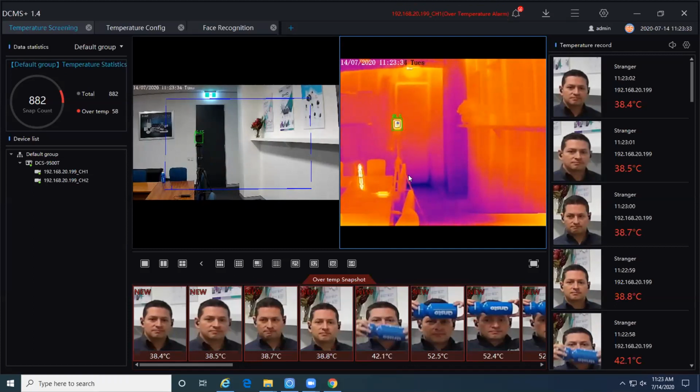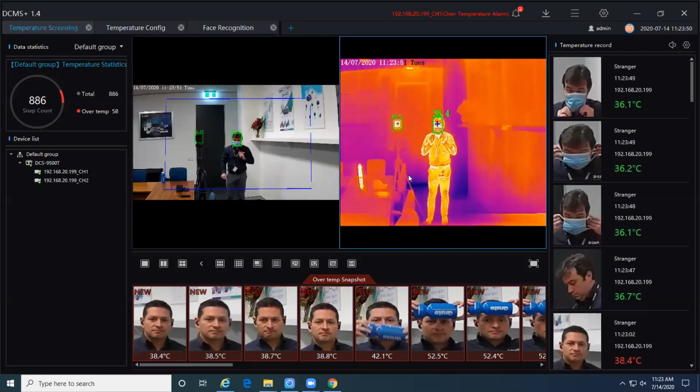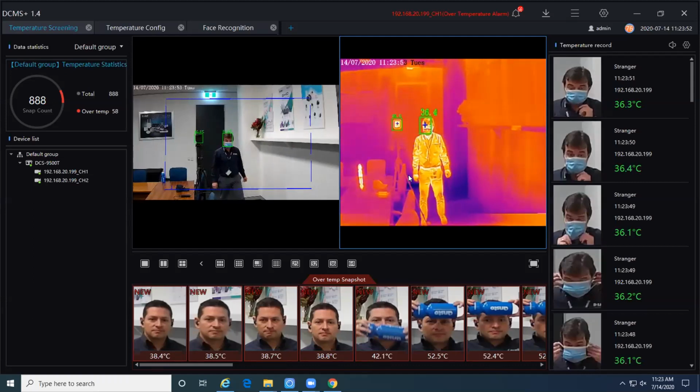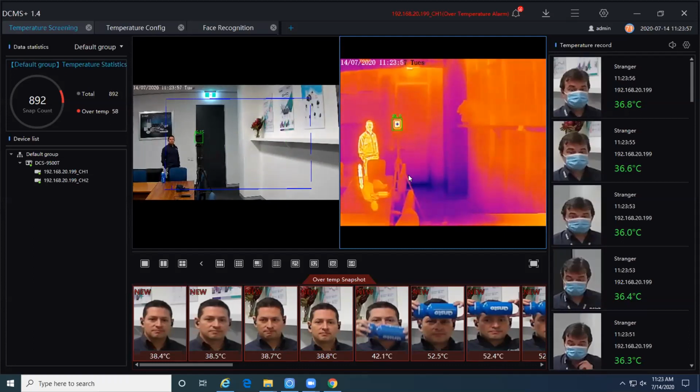We probably also want to show you that one of the advantages of the D-Link solution is how it measures the temperature of the forehead. The facial recognition recognizes the face, obviously, and it also determines where the forehead is. The advantage of that solution is that even if you're wearing a mask, your temperature will still be taken without any problems. Even if you're wearing a mask and glasses, also no issue whatsoever.